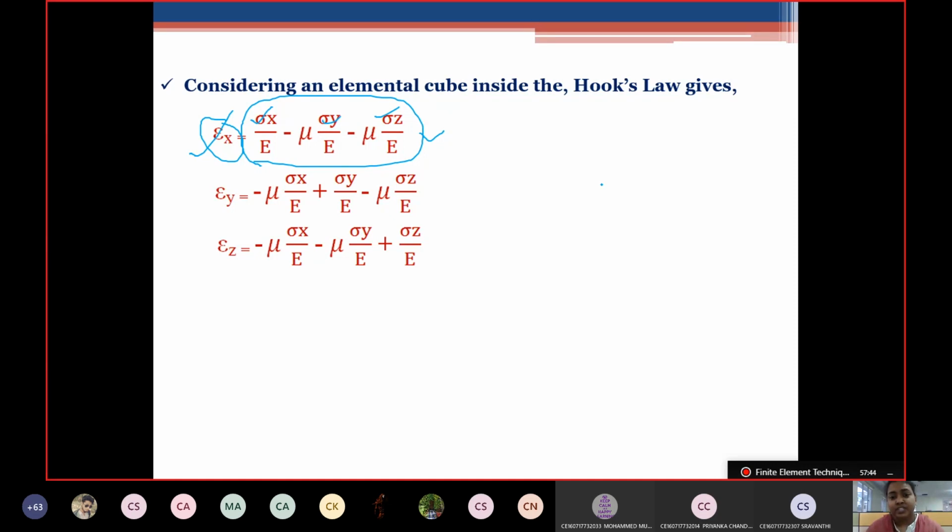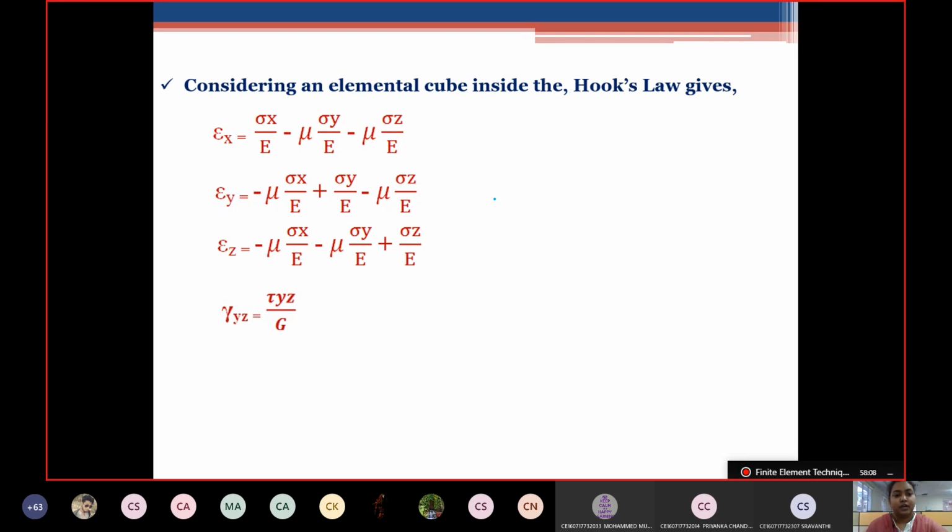It obviously means that when shear stresses are taken into account, shear strains will come into the picture. All right. Are we done with these three equations? Yes, ma'am. Please clearly note down the equations, because now from these equations you are going to derive.